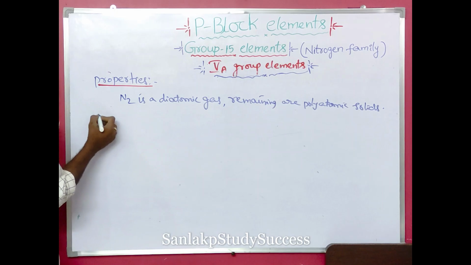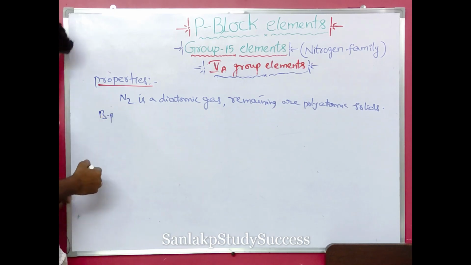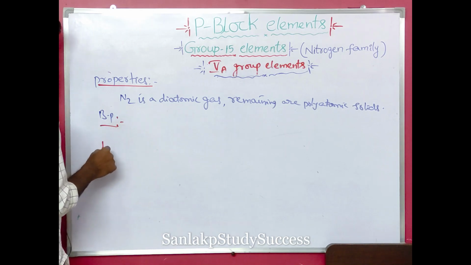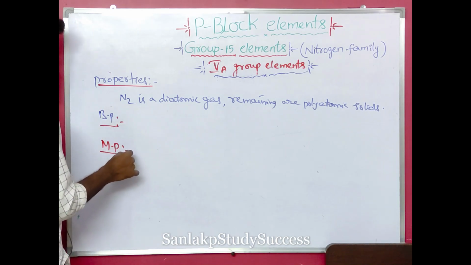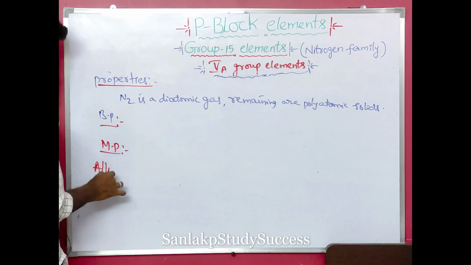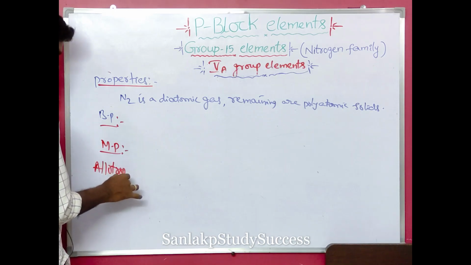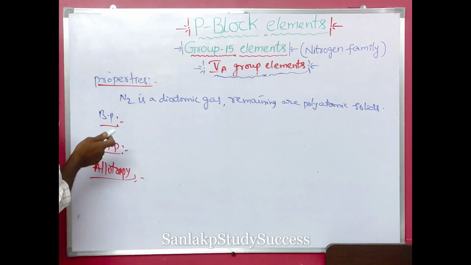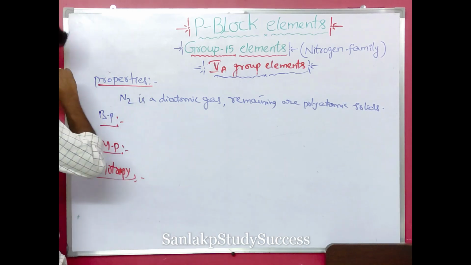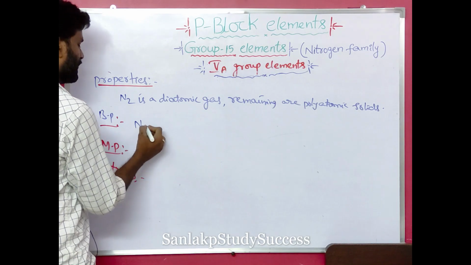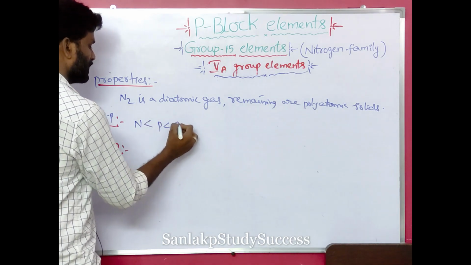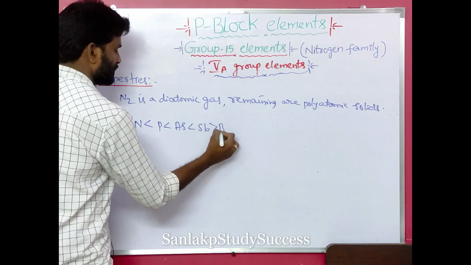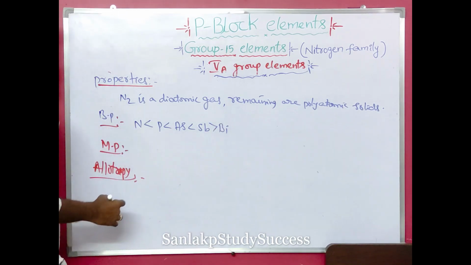So this is the boiling point order. Melting point, allotropy. Right. So first one is boiling point. Boiling point: nitrogen, phosphorus, arsenic, antimony, bismuth. It can show an irregular order.